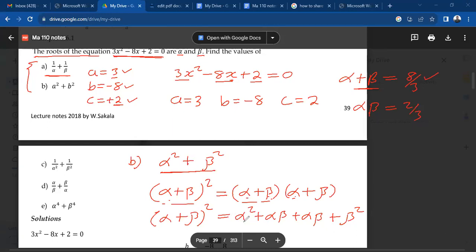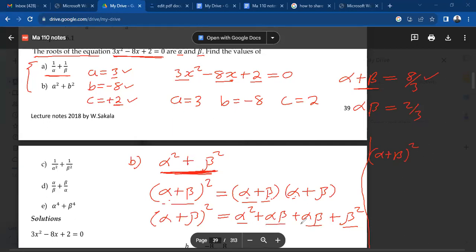We want alpha squared and beta squared to remain alone because the question wants us to find this. So I'll come this side, alpha plus beta, of course that is squared, then I'll bring this and that on one side.